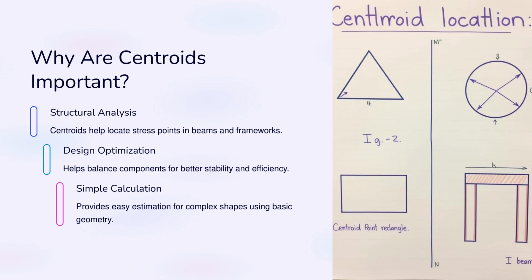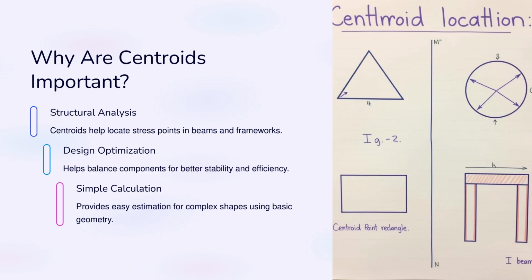It helps engineers determine how forces and stress are distributed in bending. Stress is calculated from the centroid axis. The furthest point from the centroid face is the most stressed. Knowing the centroid ensures the beam is designed to handle load safely.